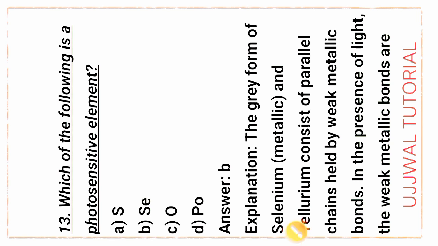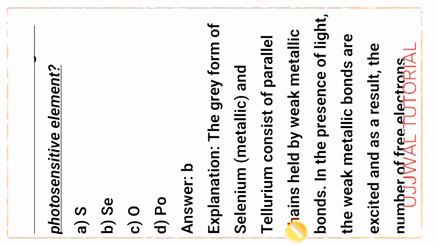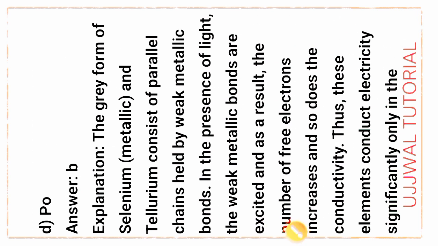Which of the following is a photosensitive element in group 16? Option B, selenium, Se. Explanation: the gray form of selenium, metallic, and tellurium consist of parallel chains held by weak metallic bonds.